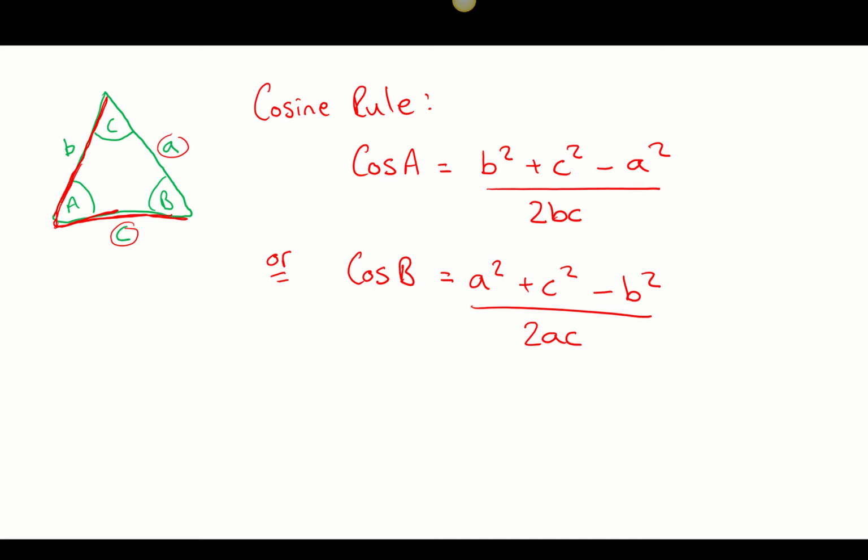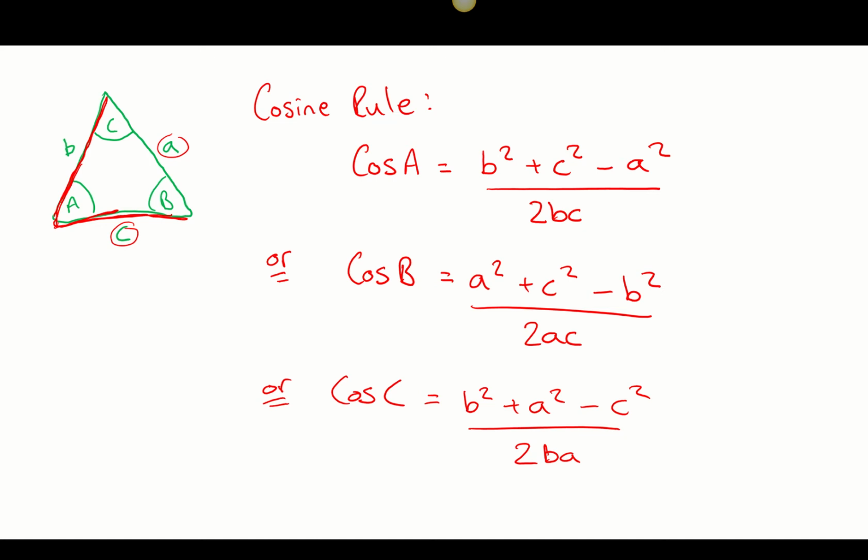And again we could do that for the cosine of C, which would be B squared plus A squared minus C squared all over 2BA or AB.